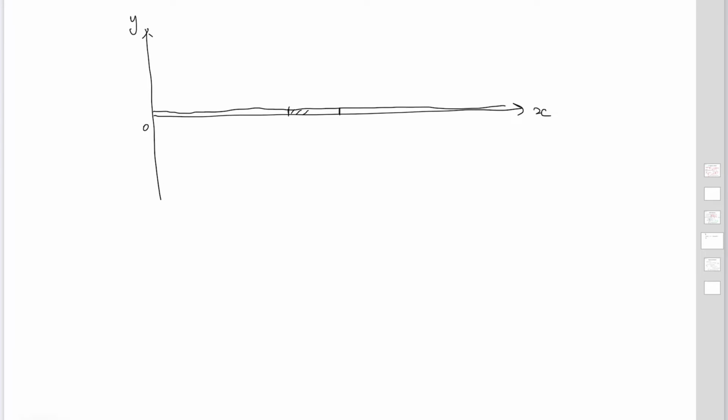It's a very small region of the string. This is x and x plus dx. So the mass of this element is m equals mu times dx. If you multiply mu times the length, you will have the mass of this element.